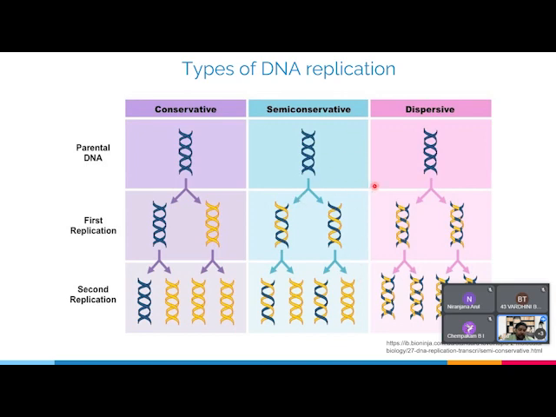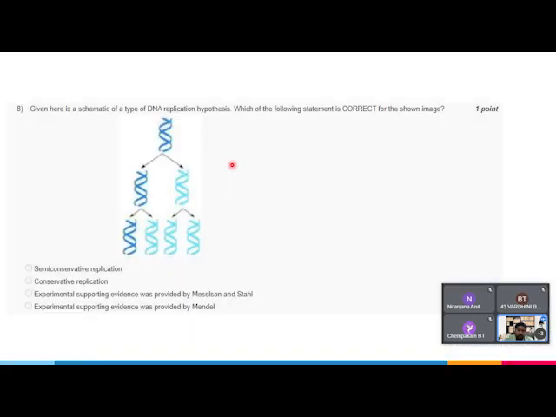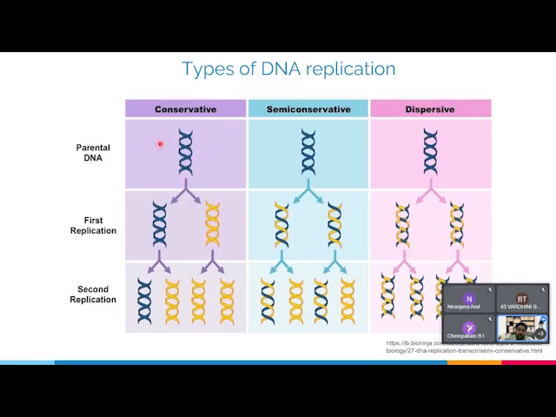So these are the three particular models. Obviously, given the diagram, it is the conservative model that is shown right here. But can anyone tell me which type of replication happens in nature?